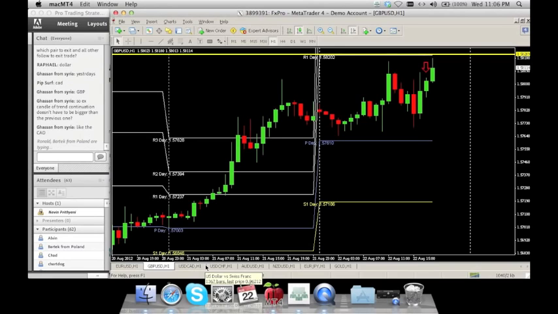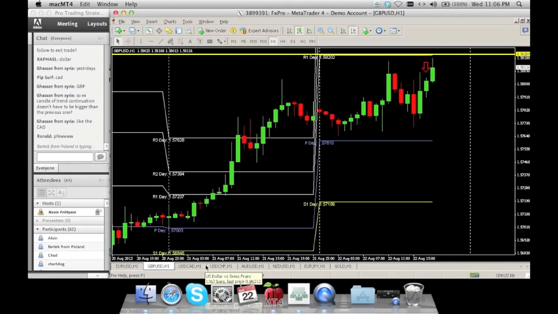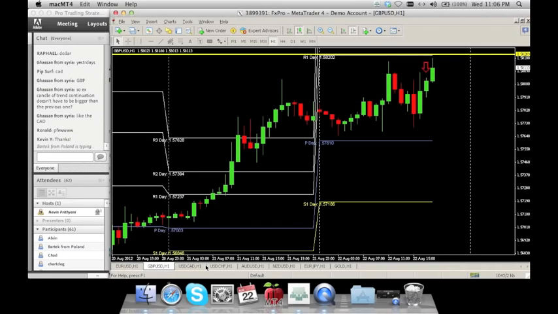Okay, Hassan says, so the exhaustion candle of trend continuation, where'd it go, sorry. The exhaustion candle of trend continuation doesn't have to be bigger than the previous one. No, it does not. Like the CAD. That's correct, like the CAD. When you look at correlation, you will start to understand.